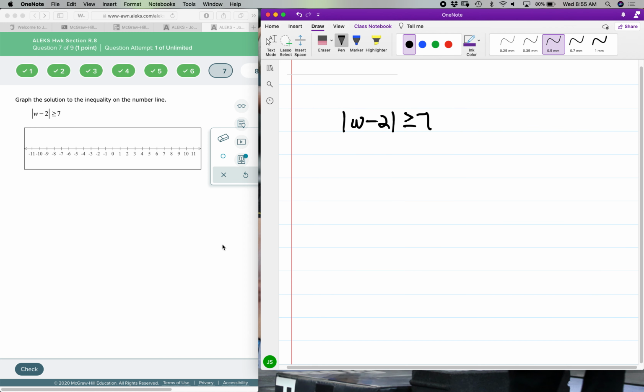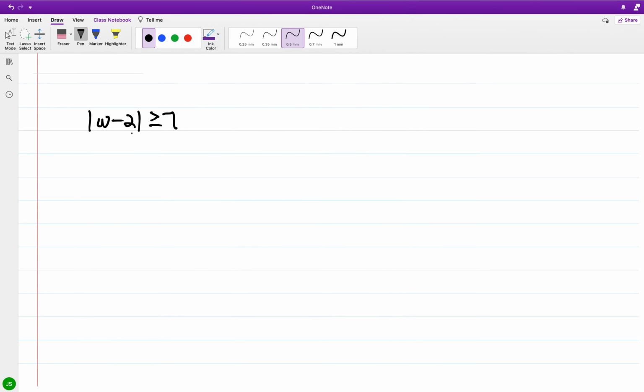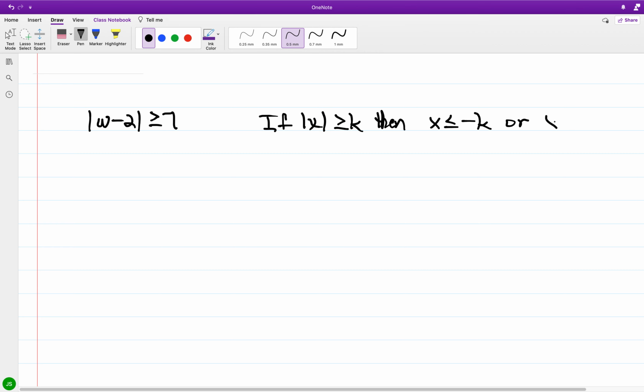Okay, for what we have in the next item, it says to graph the solution to the inequality on the number line. Now for the inequality itself, we have the absolute value of w minus 2 is greater than or equal to 7. And we have our rule of thumb. If we have that the absolute value of x is greater than or equal to k, then you would have that x is less than or equal to negative k, or that the value of x is greater than or equal to k.